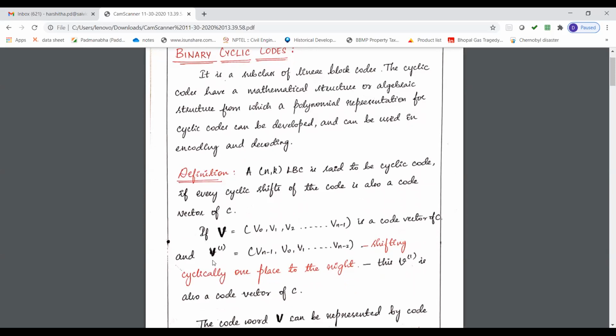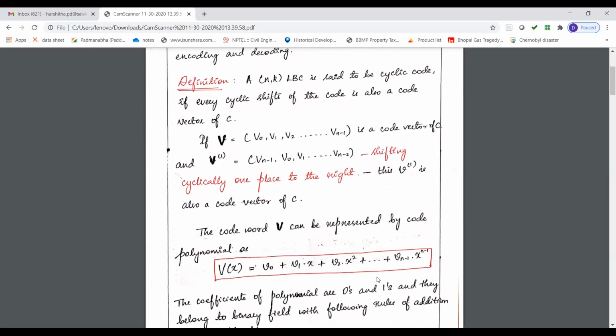Vn-1 is shifted cyclically here, so we get Vn-1, V0, V1, V2 and so on till Vn-2, and we see that this is also a code vector of C. So we can say an (n, k) linear block code is a binary cyclic code if this property is satisfied.